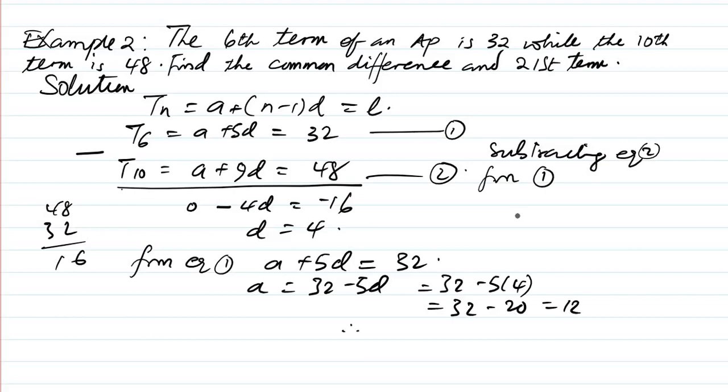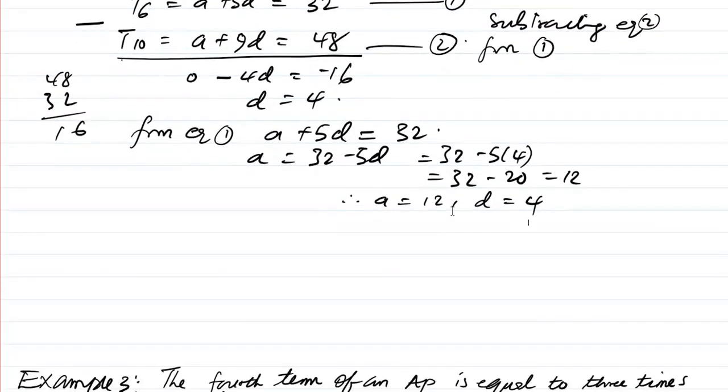Therefore, a is equal to 12 and d is equal to 4. Then we have to find the 21st term. That means T21 will be equal to a plus 20d, and this will be equal to 12 plus 20 times 4.